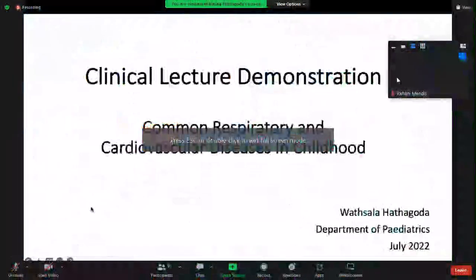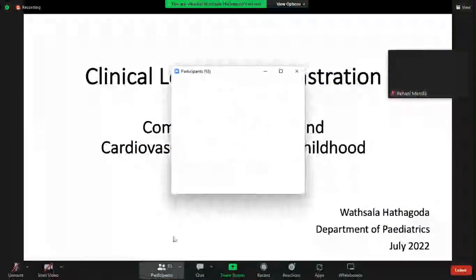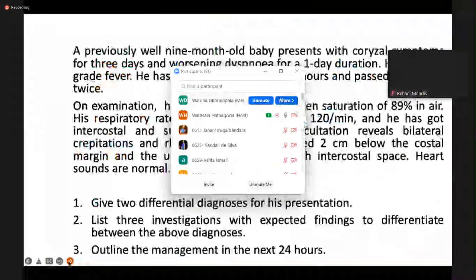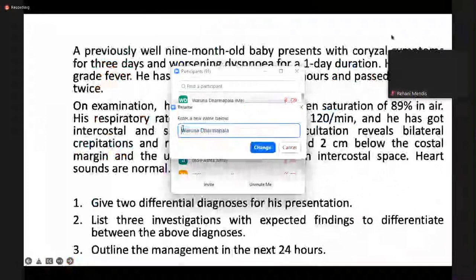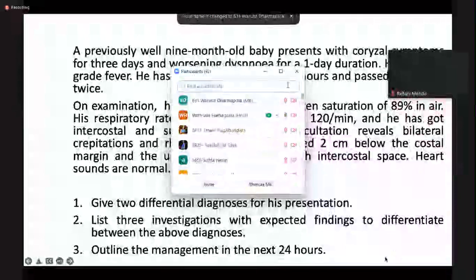Right. So I want all of you to talk. This is not a lecture. This is a discussion of clinical scenarios. So this is our first case. Anyone can volunteer and then we can discuss this.